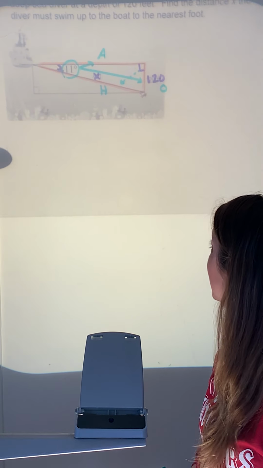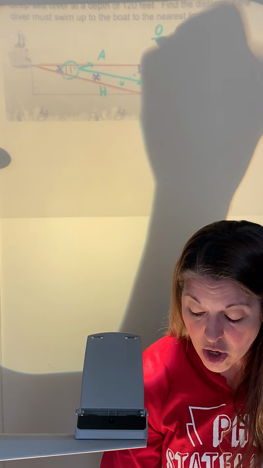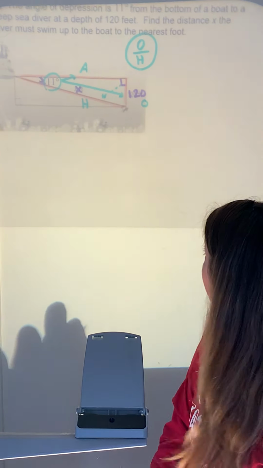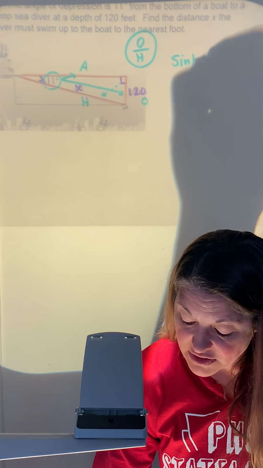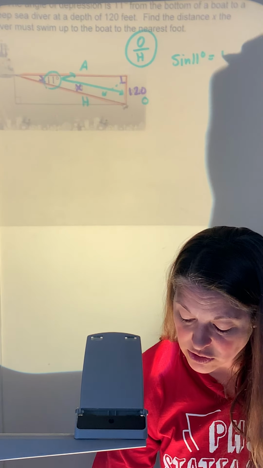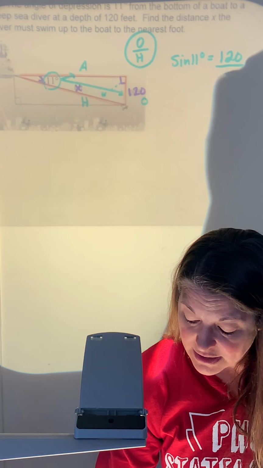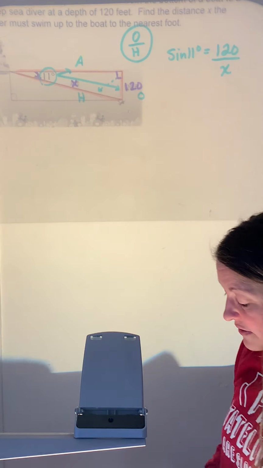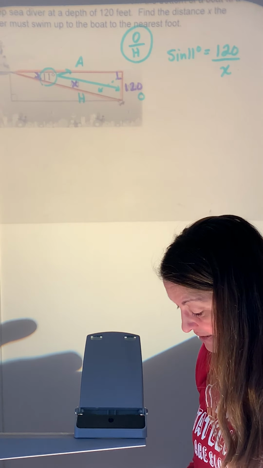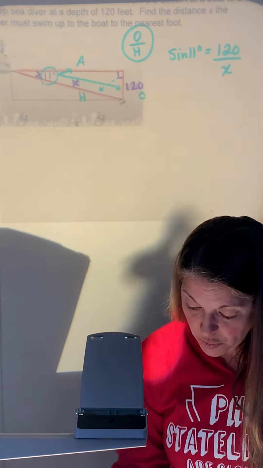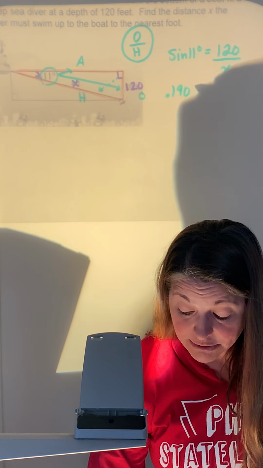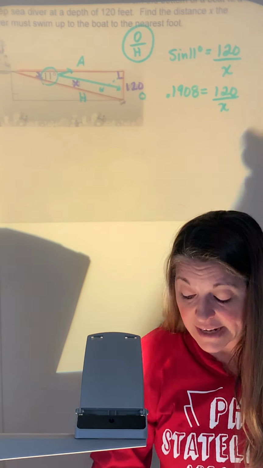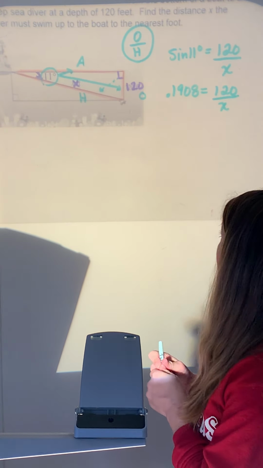But notice that we do not need that because our sine is always just O over H. So to write out our equation, we've got sine of 11 degrees equals the 120, because that's our opposite, over the X, which is our hypotenuse. Sine of 11, probably something tiny. Yep, it's going to be 0.1908. You may have noticed as we've gone through these examples that the tinier the angle, the smaller the sine is.